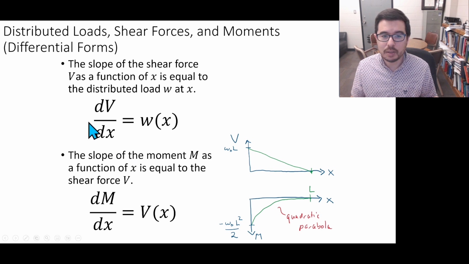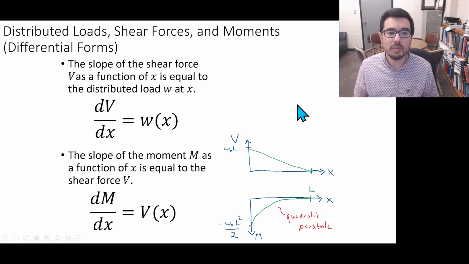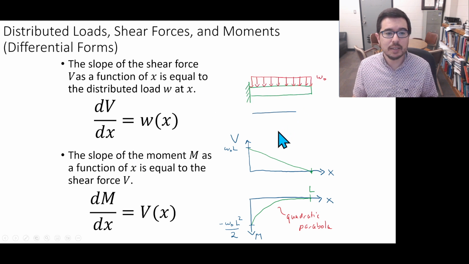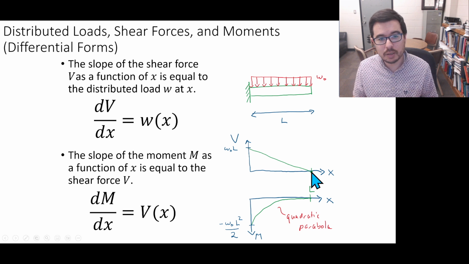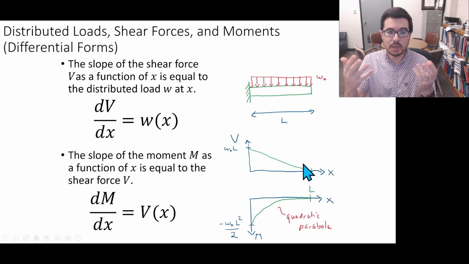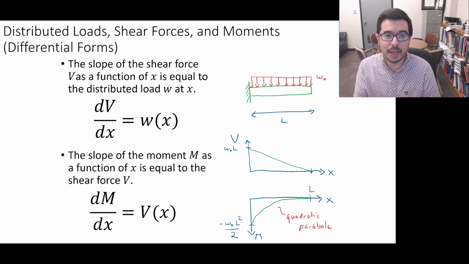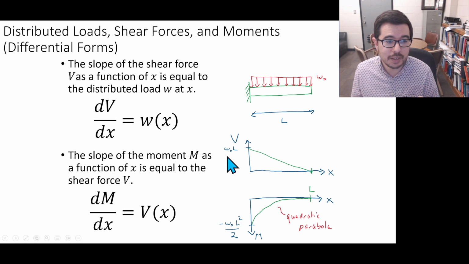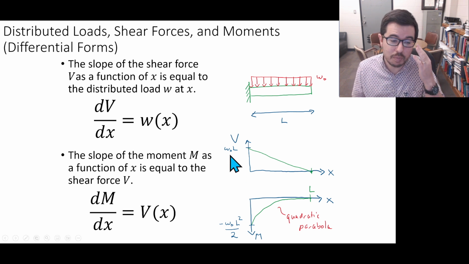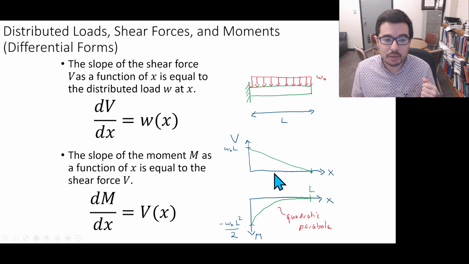Similarly, we can take the derivative of this expression to get the distributed force. And when we do that, what do we see? Well, this is a first order equation, and so some type of negative coefficient times x. And in fact, we know what that is. Say the rise is minus w0 L, and the run is L, so it's going to be minus w0. And we take the derivative. What do we get?